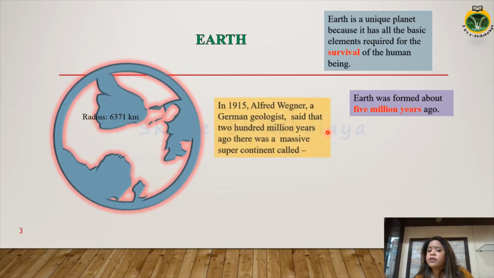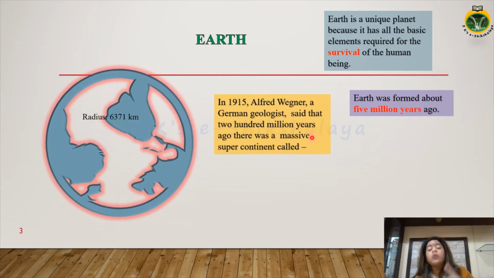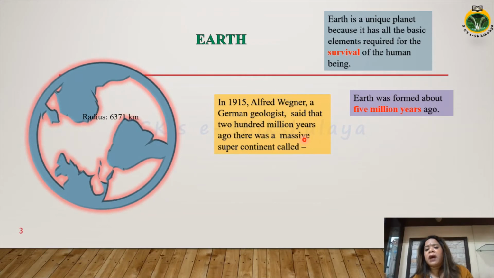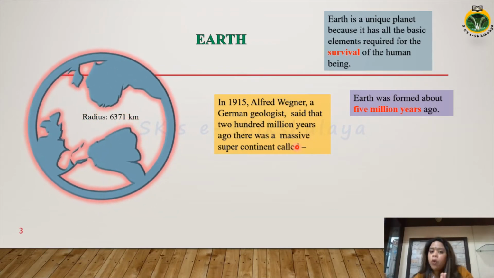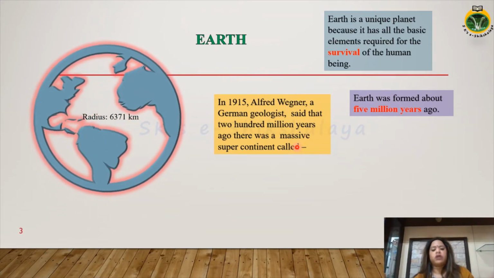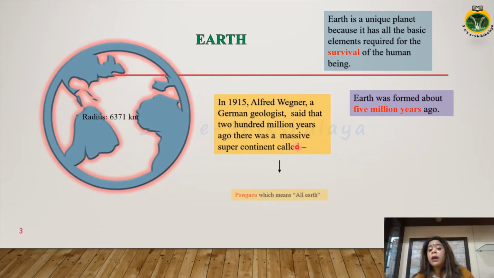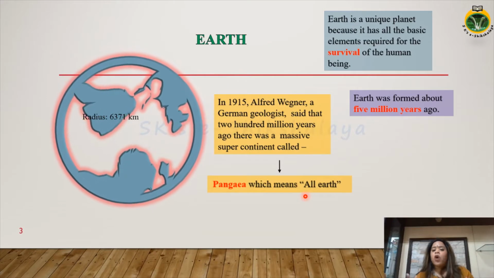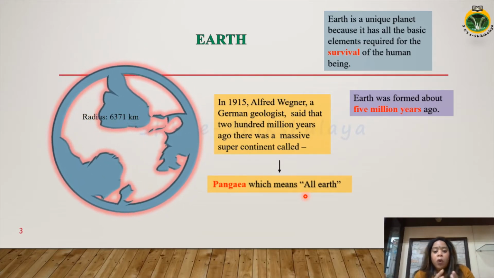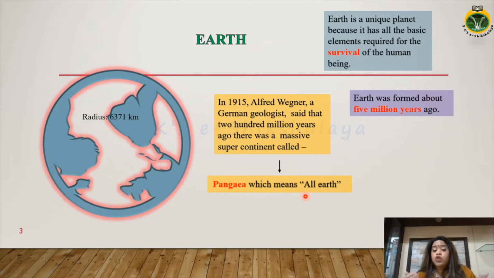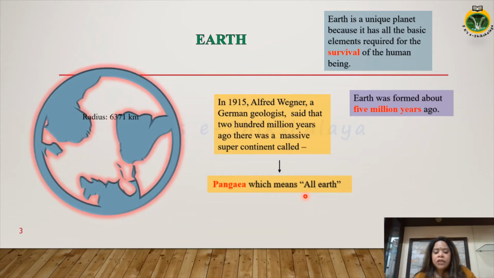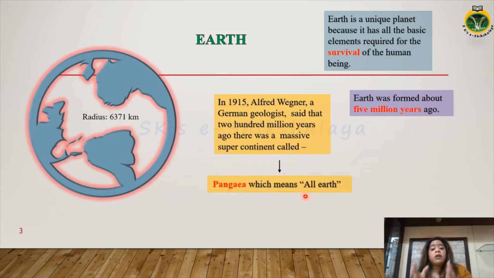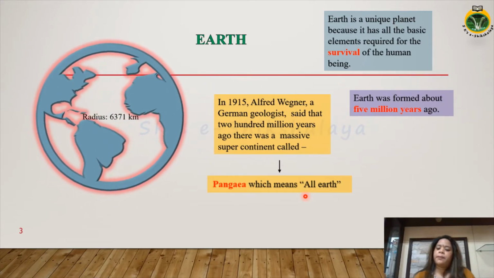In 1915, Alfred Wegener, who was a German geologist, said that 200 million years ago there was a massive supercontinent called Pangaea, which means all Earth. He also said that earlier the whole landmass was joined together, but later on some lands drifted apart and formed different continents.